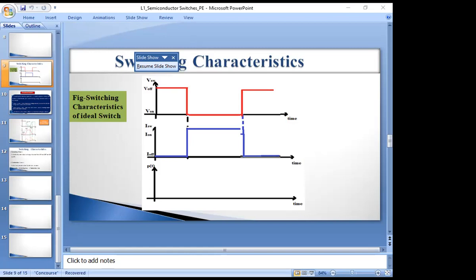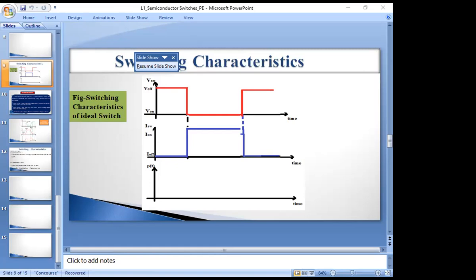Okay, and again the cycle or the operation is repeated. Again from 10 to 15 seconds, the switch is closed. When the switch is closed, what will happen? Again the voltage across the switch is 0. Is it right? And the current through the switch again increases. Clear?